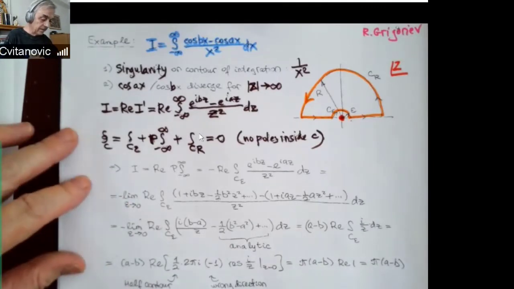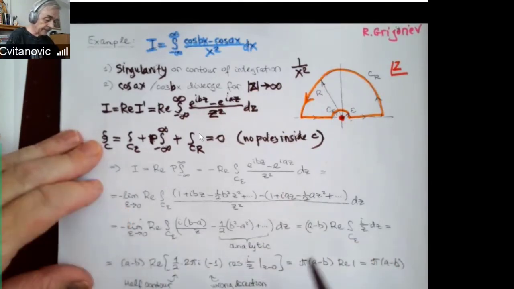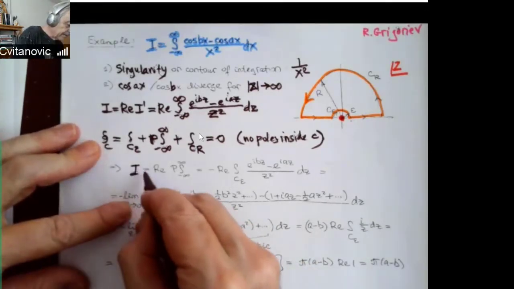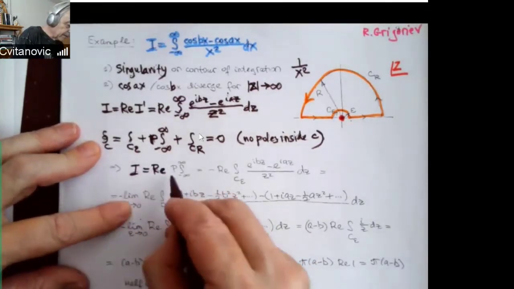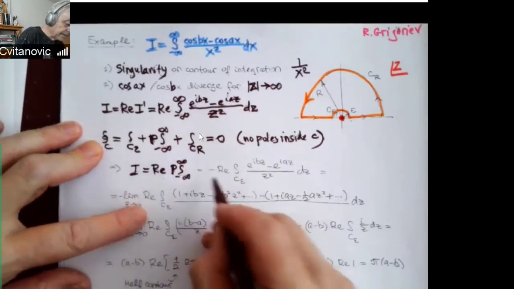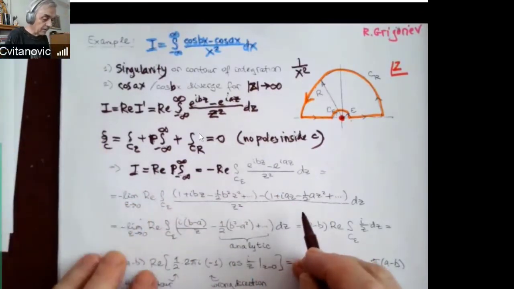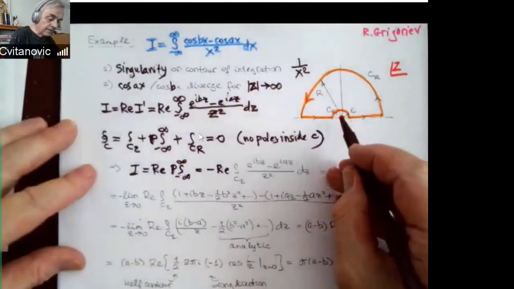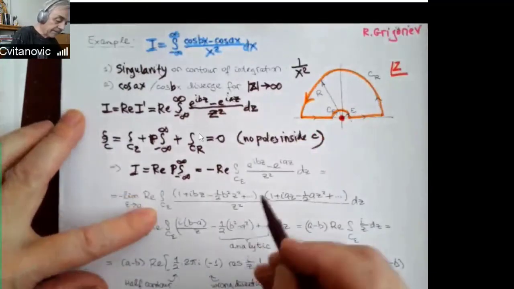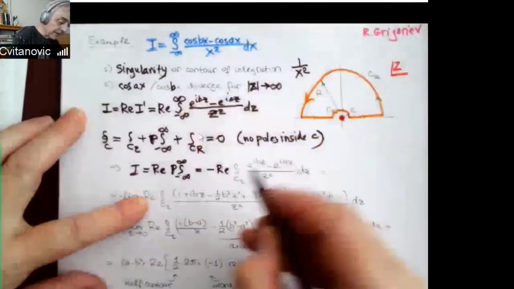So how do I do it? I look at the real part of the principal part here. By integration, the principal part is the sum of these two semicircles. The outer semicircle, I've already proven a number of times, vanishes.